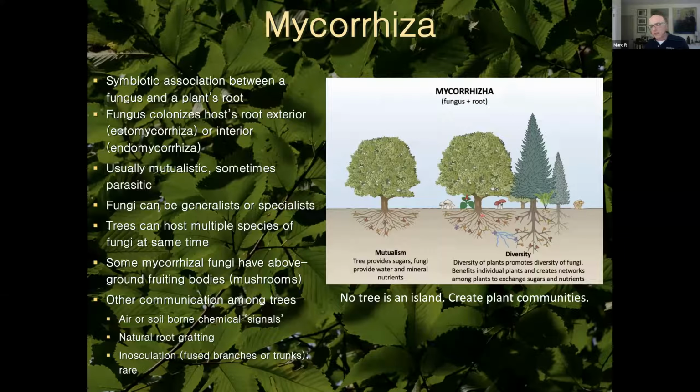And so another thing that's important is diversity. A lot of people think of mycorrhiza as being associations just between trees and fungi. Herbaceous plants have those relationships too. And sometimes the herbaceous plants need a specific kind of mycorrhizal fungi, the same as the trees do. So the herbaceous plants may need to be planted near that type of tree.